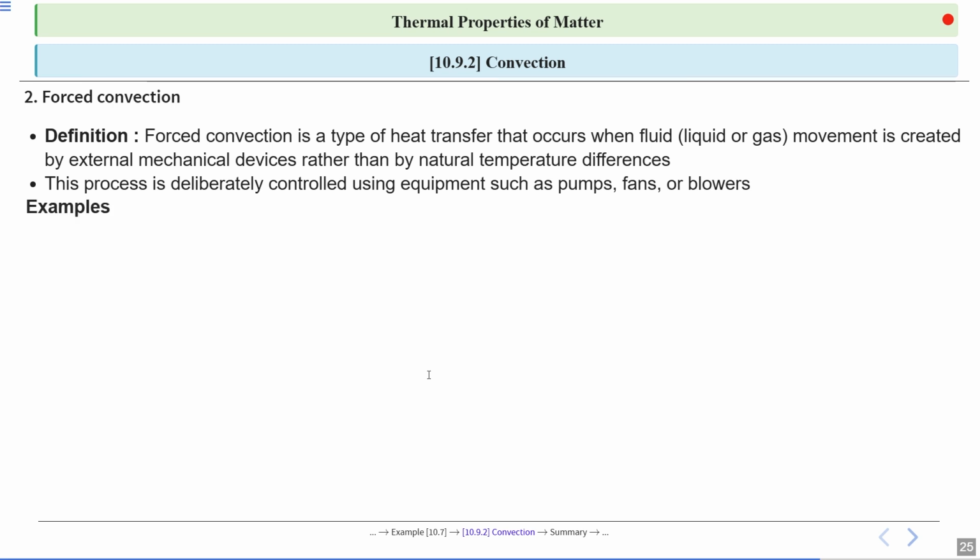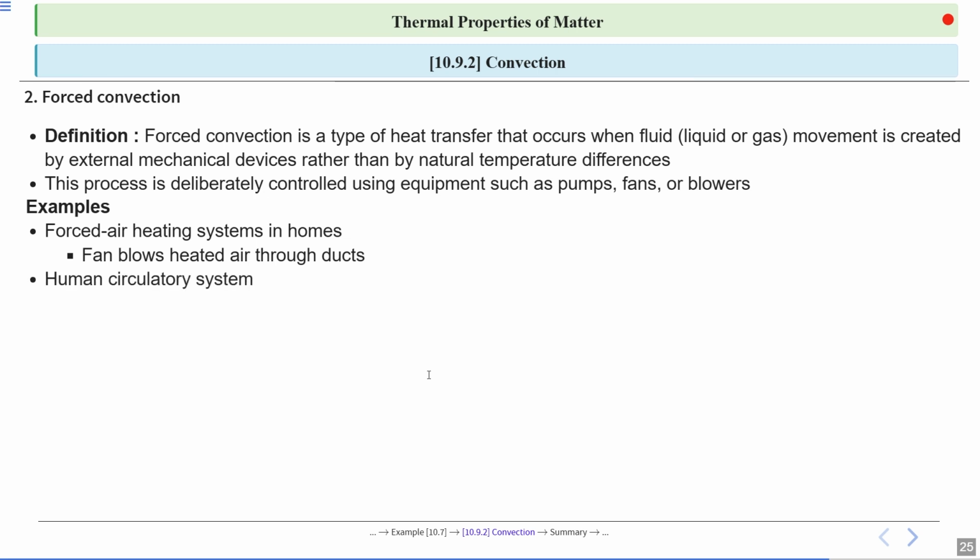Examples: forced air heating systems in homes, where fans blow heated air through ducts; and the human circulatory system, where the heart pumps blood throughout the body. These are examples of forced convection.